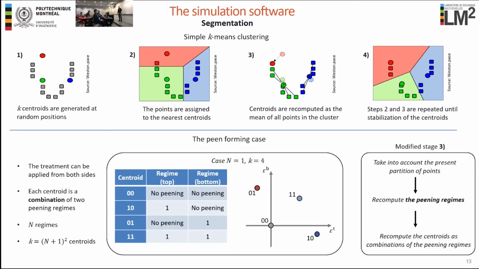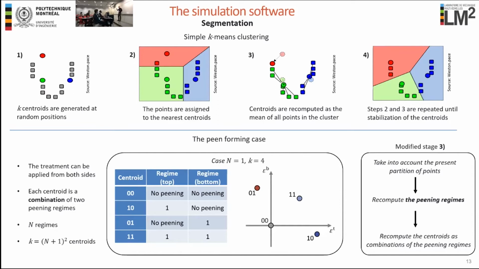But this strategy doesn't work in the peen forming case. Why is that? Because in our case, the centroids are interconnected. We cannot move them freely. Indeed, the treatment can be applied from both sides, and both treatments influence the eigenstrain induced on both layers.